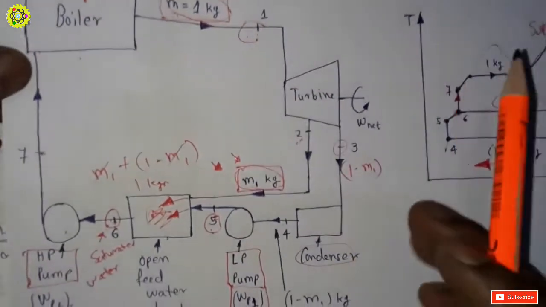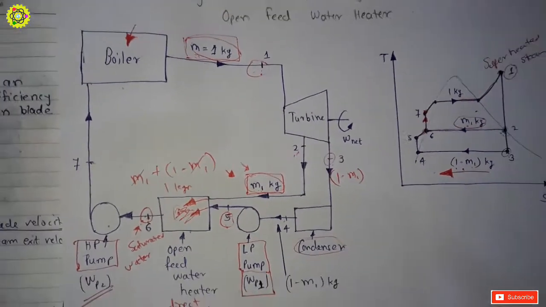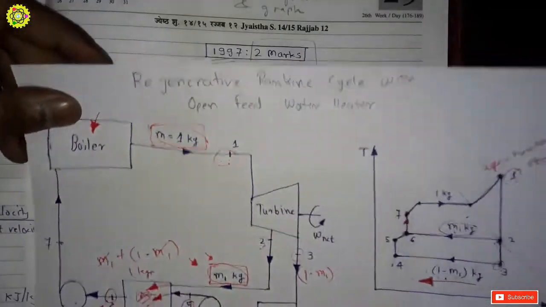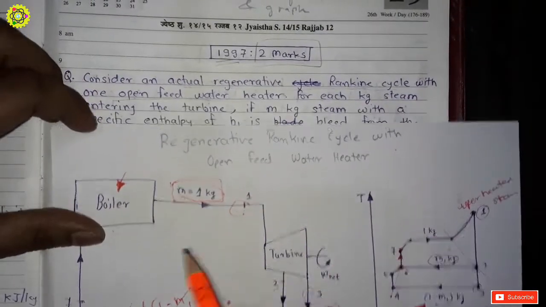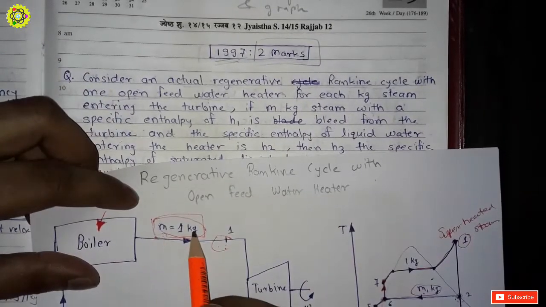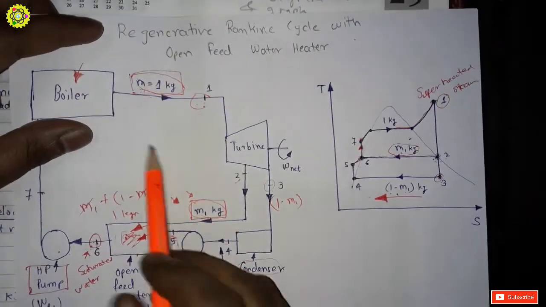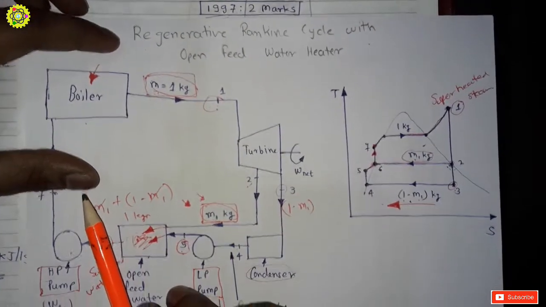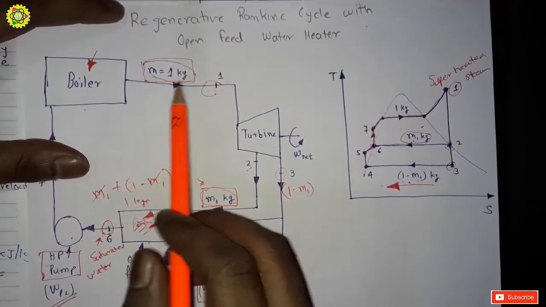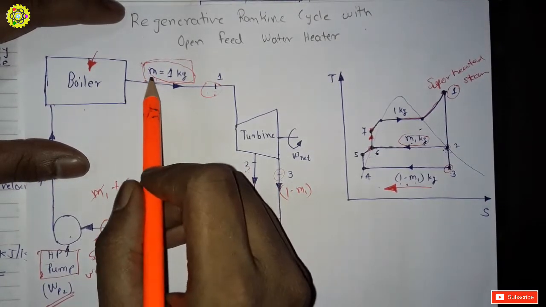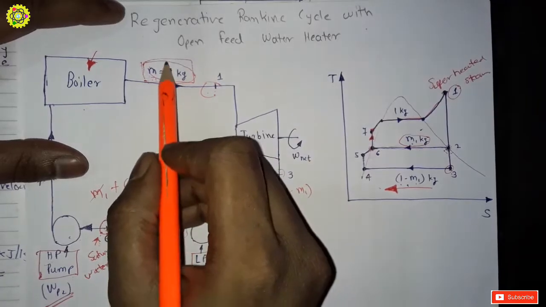Now we are going to use this diagram for understanding this question. This is the total mass coming from the boiler, which I have named m, equal to 1 kg.